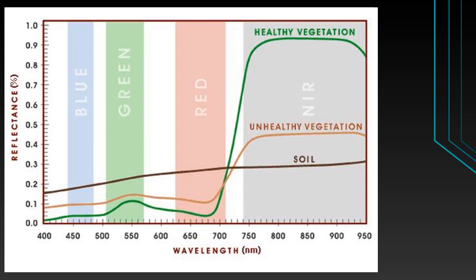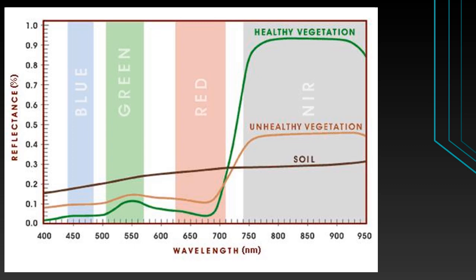Either it is very low or it is very high. The lower part is the red part and the higher part is around 0.75 or 0.8 micrometer. Here this is nanometer, so we can say 700 to 800 nanometer.